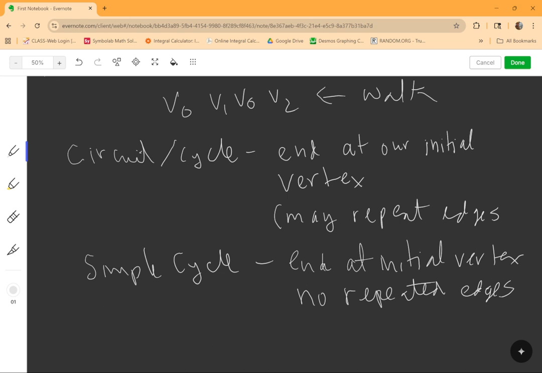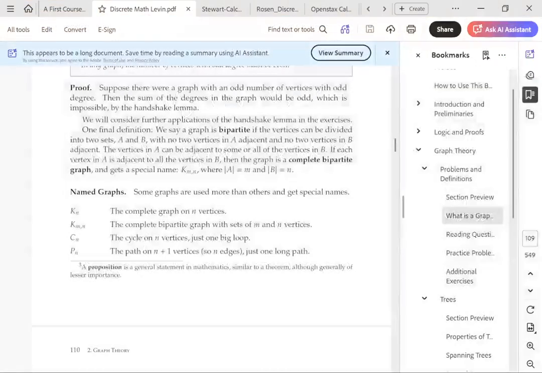Now, one last definition before we wrap up is something called a bipartite graph. Looking here at our textbook: a graph is bipartite if the vertices can be divided into two sets, A and B, with no two vertices in A adjacent and no two vertices in B adjacent.